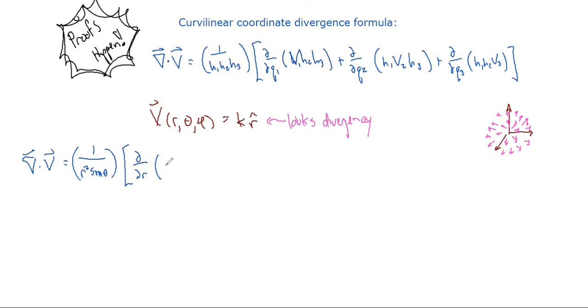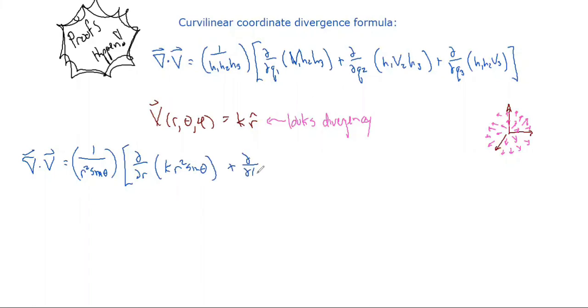So it turns out that is what saves us. v1, the radial component, is just k. Notice these all have the form of some vector component and then the other two scale factors. So this is k times r squared sine theta. So h2 is r and h3 is r sine theta.